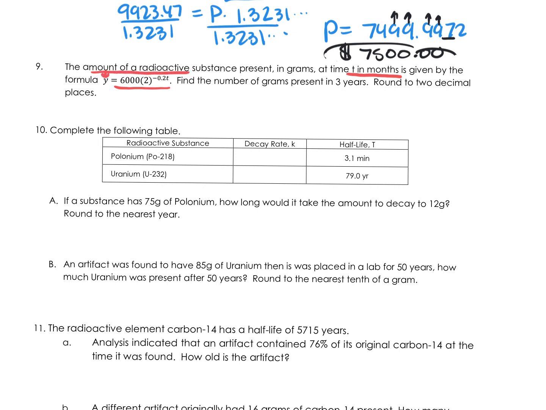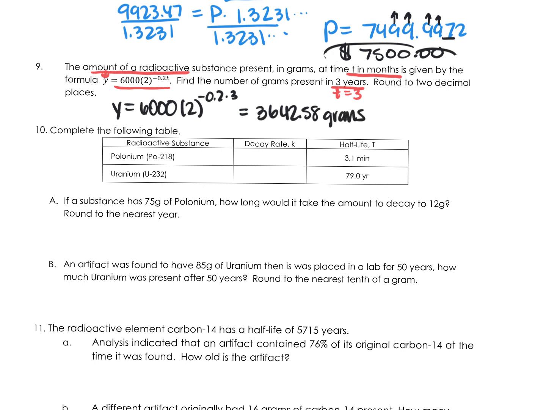And it says find the number of grams present in 3 years. So we want to find when t is 3. We're looking for y. So we're just going to plug that into our equation. And if you type that into your calculator, you should get 3,642.58 grams.